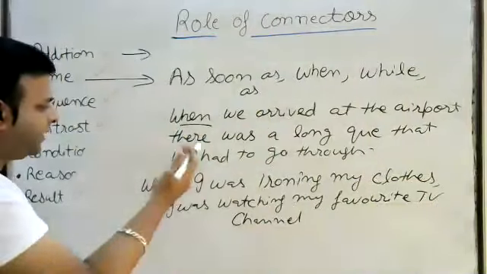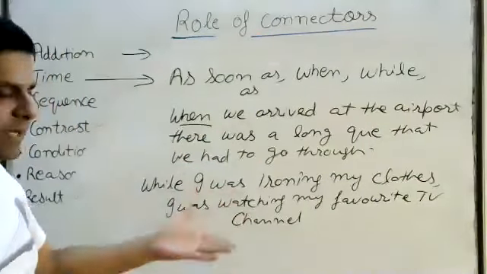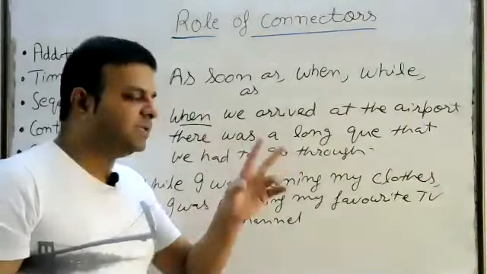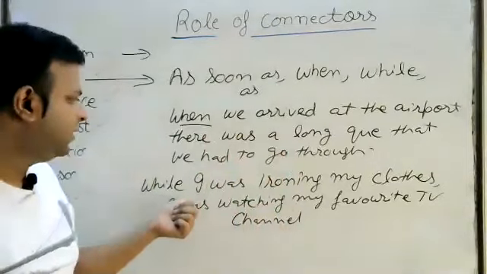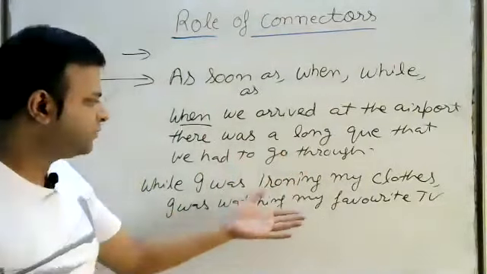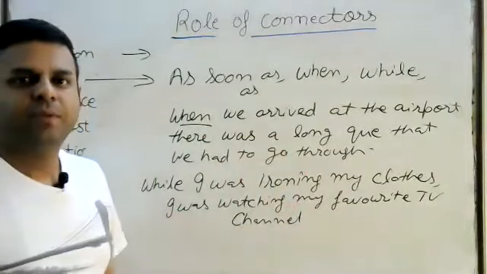So we're describing the time. The two things you're doing at the same time, simultaneously. So we're using "while". While I was ironing my clothes, I was watching my favorite TV channel, right?